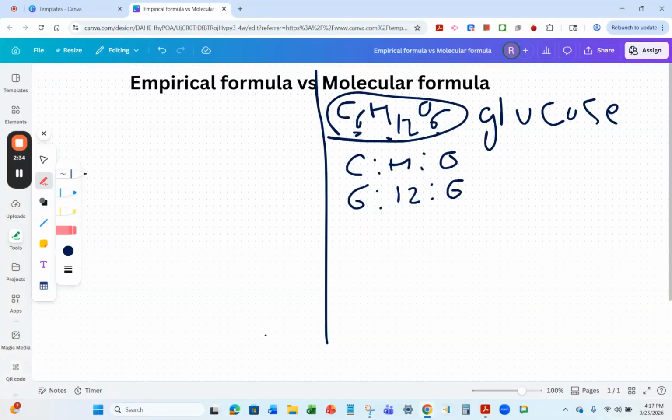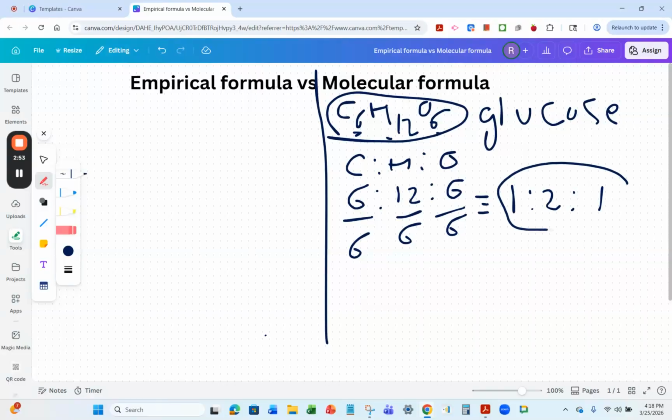So if I divide all these three numbers with the 6, I will get 1 ratio 2 and 1. So I cannot simplify this ratio further. This is my final simplest ratio.